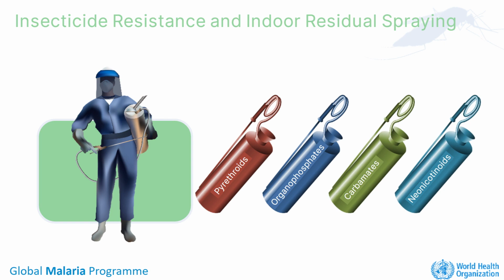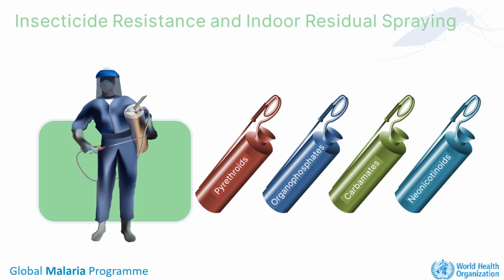Overuse of the same class of insecticide, whether through use of ITNs or IRS, can lead to development of resistance. Therefore, WHO recommends that vector control programs avoid using a single class of insecticide everywhere or over consecutive years. Instead, programs should use different insecticide-resistance management interventions.